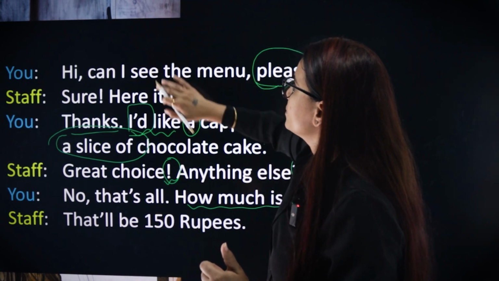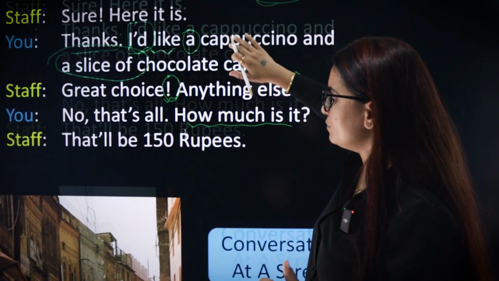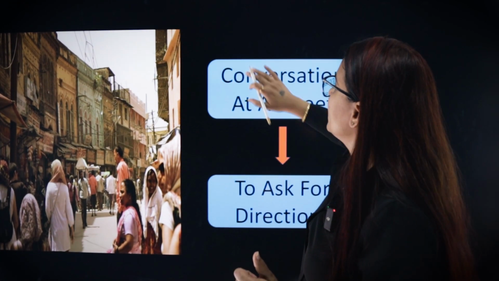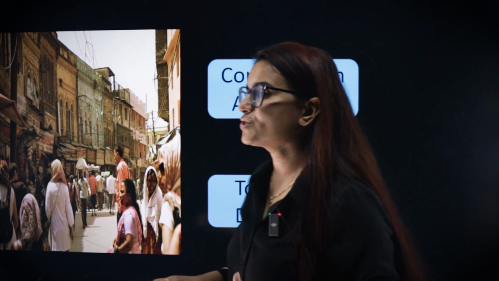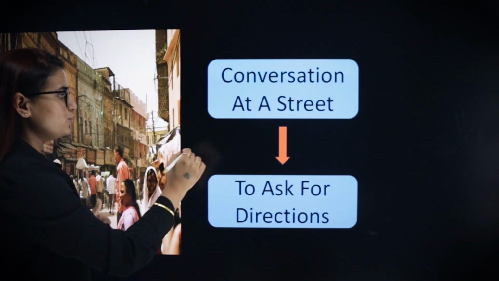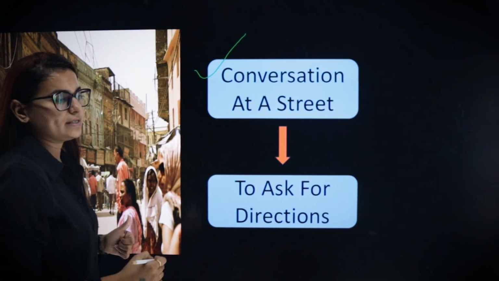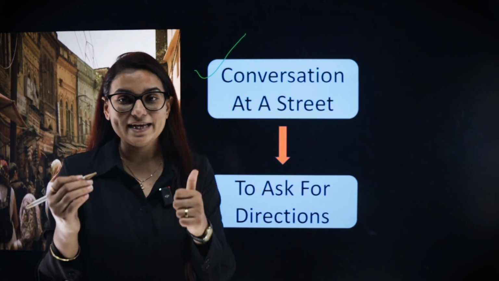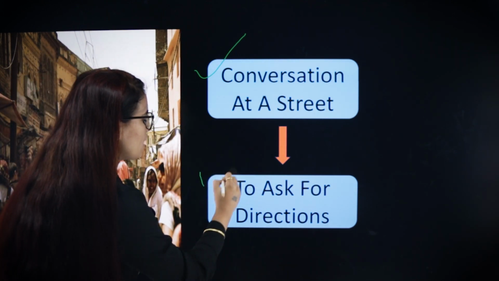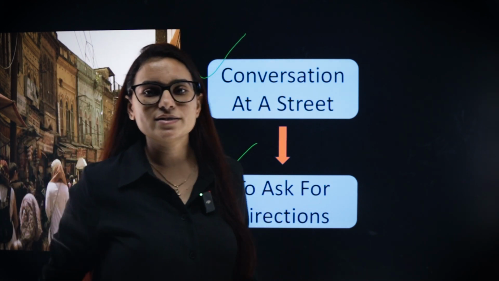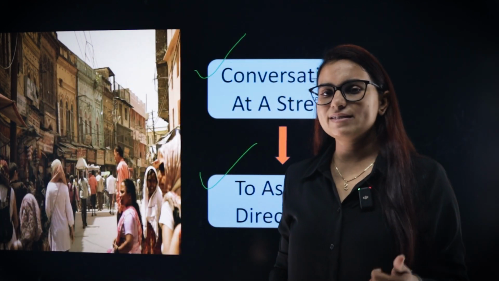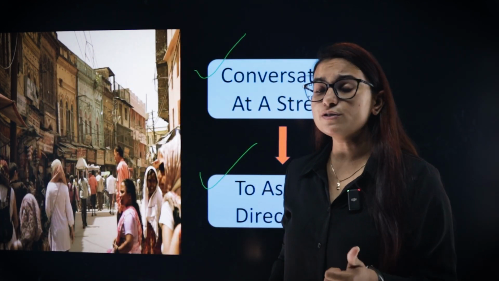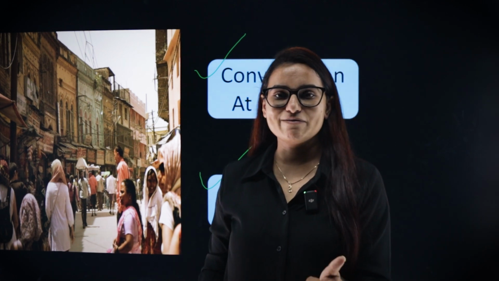Let's move on to situation number 2, or theme 2. It's a conversation at a street, any busy street. You are lost, you are new to that town, and people only can communicate with you in English. You have to ask for directions. Where does this happen? Probably nowadays everywhere in India, people are preferring to talk in English rather than their native language.